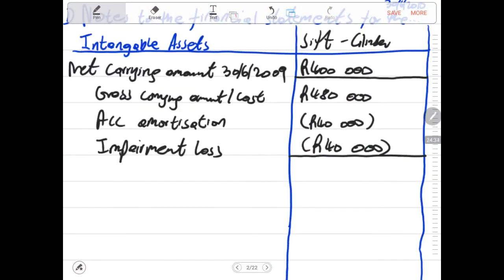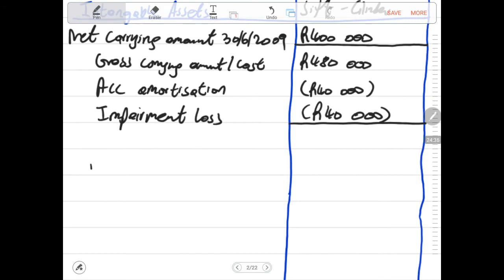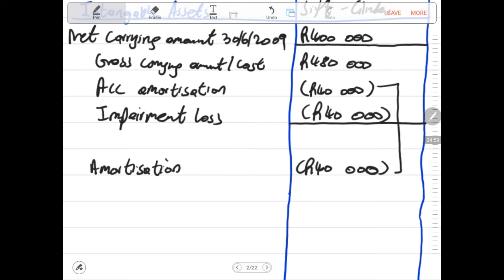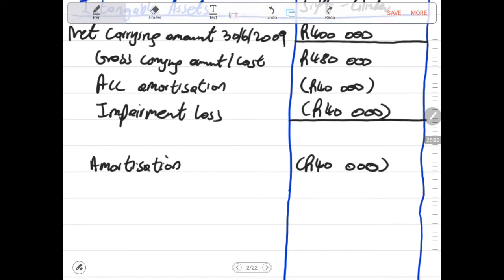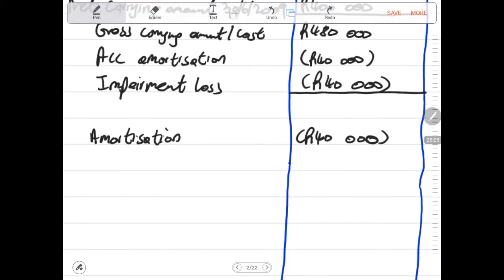So now we record our amortization for the current year. Amortization for the current year is 40,000 rands. Remember, amortization of the previous year plus amortization of the current year becomes accumulated amortization at the end of the current year. I'll deal with that as soon as we can.